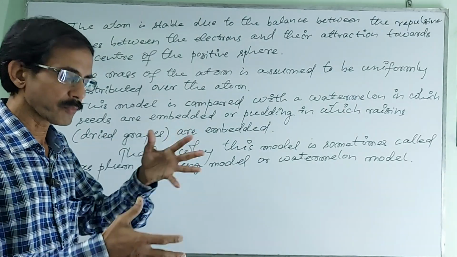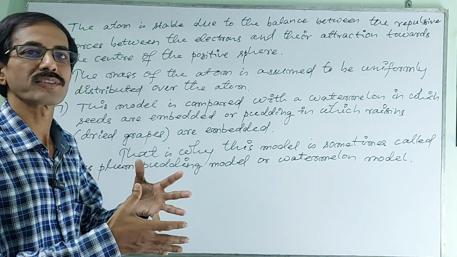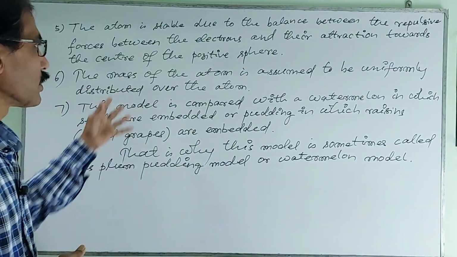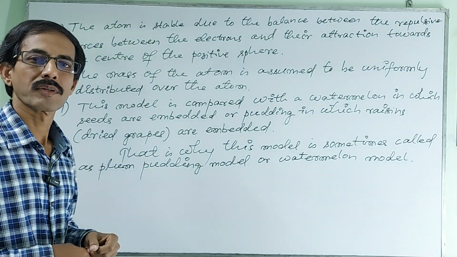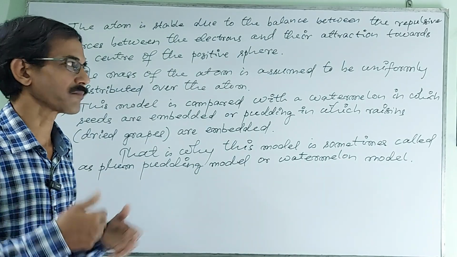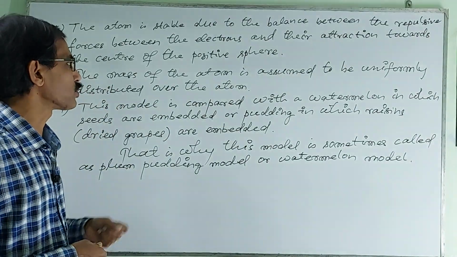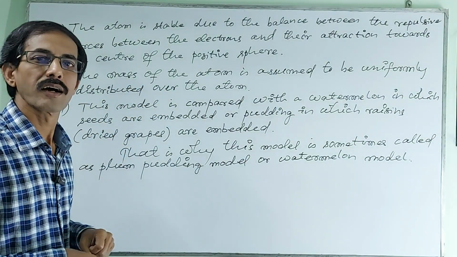Simultaneously, repulsive force and attractive force balance each other, therefore the atom is stable. The mass of the atom, that is the weight of the atom, is assumed to be uniformly distributed over the atom.